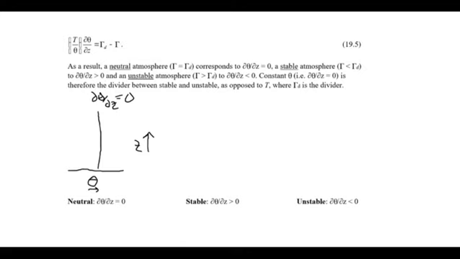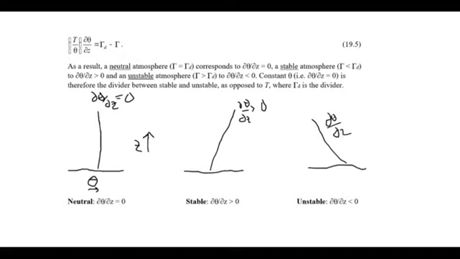Here is stable, dθ/dz greater than 0, and this would be unstable, dθ/dz less than 0. Sorry guys, I am not good at this stuff. All right, there. You get the point.